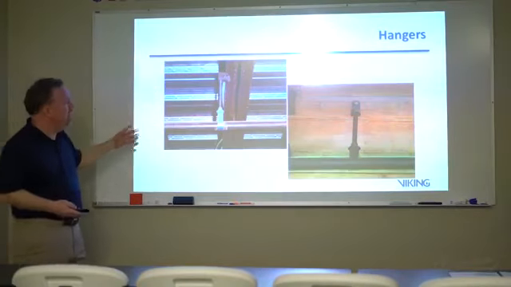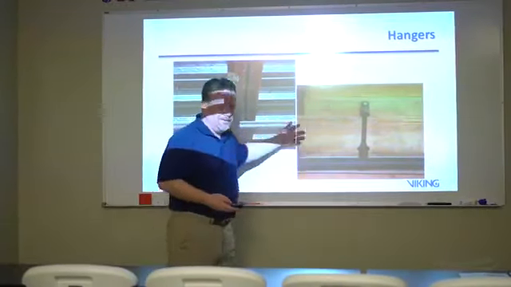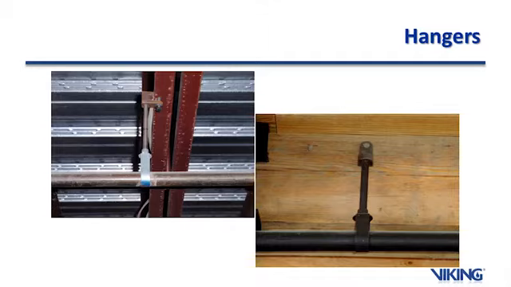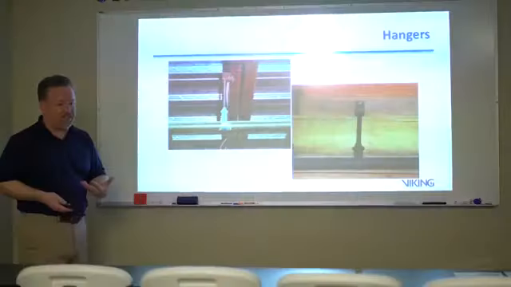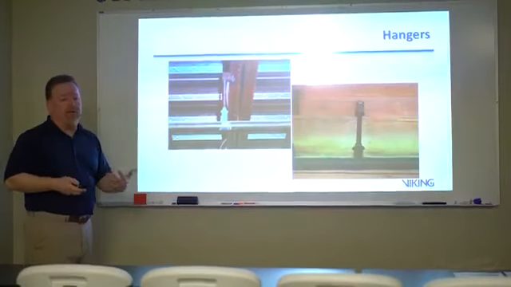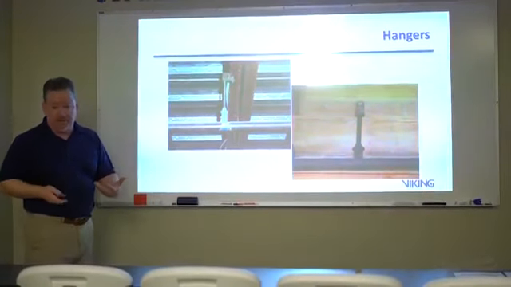All right, then hangers. We have to attach this particular system to the building. So there's two things we have to be careful of when we're attaching the system to the building. Number one, how are we going to hold this thing up? And if the ground moves, how do we keep it from falling down?